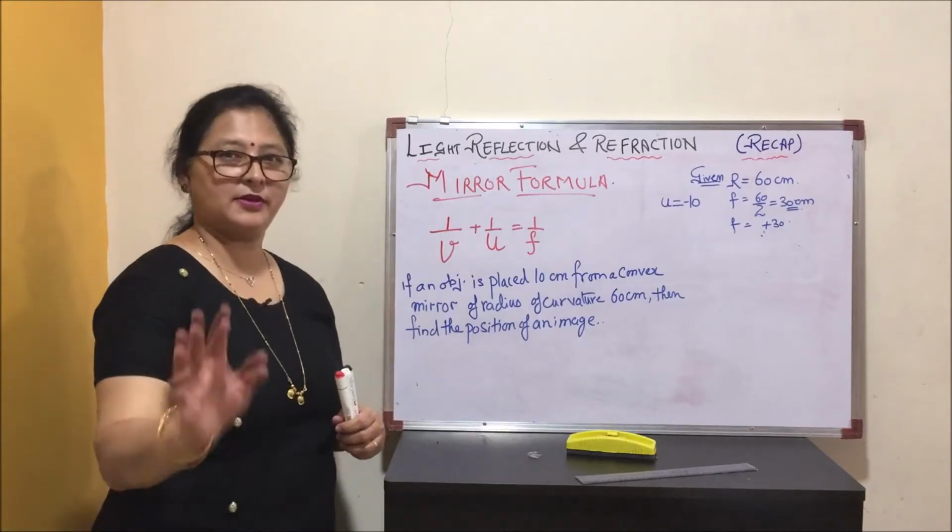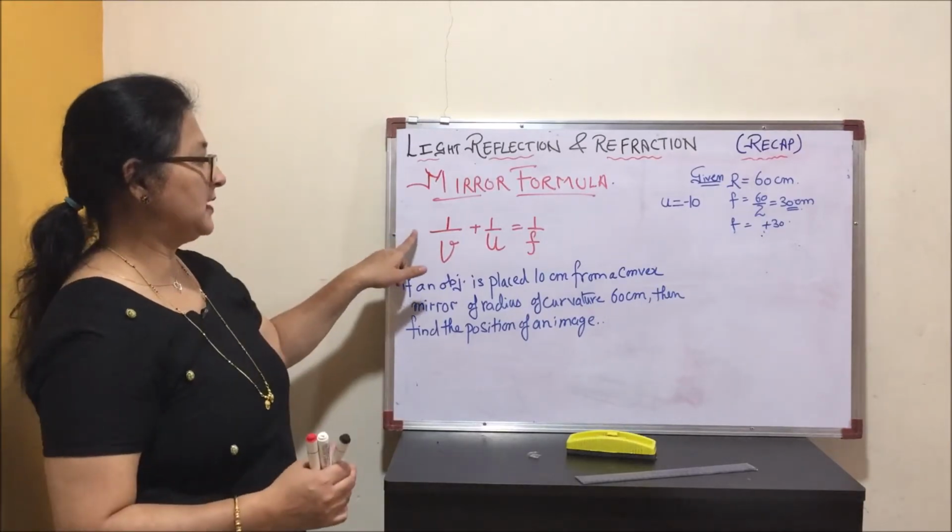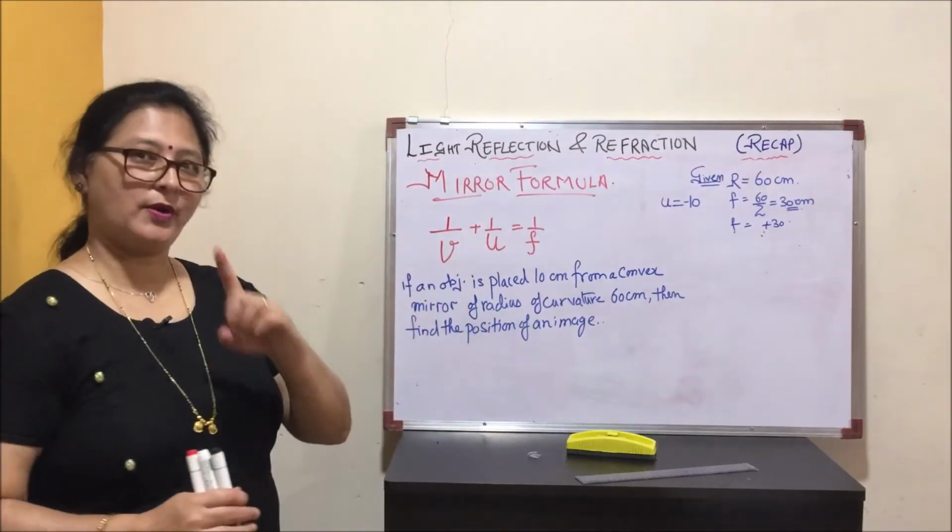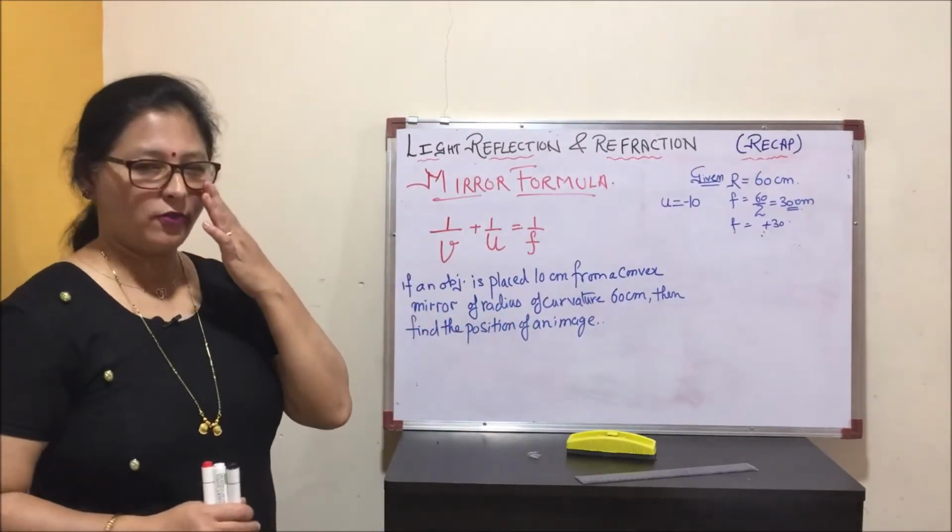It's very simple. The mirror formula is 1 upon V plus 1 upon U equals 1 upon F. Let's do one problem based on this formula.